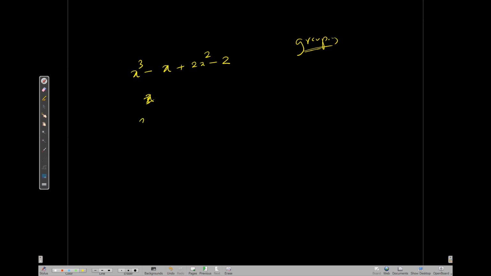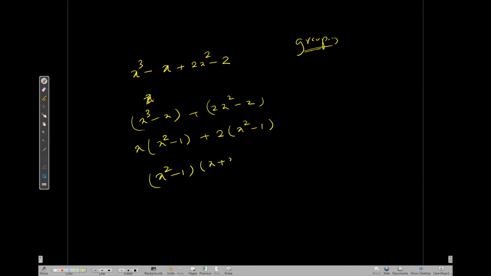So x squared minus x, and if I group them as it appears, now a nice thing happens. I can pull x out, x minus 1, and here I can pull 2 out, x squared minus 1. Now x squared minus 1 is common, so I can take that out and x plus 2.